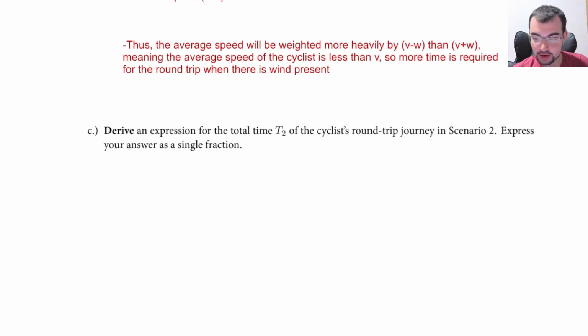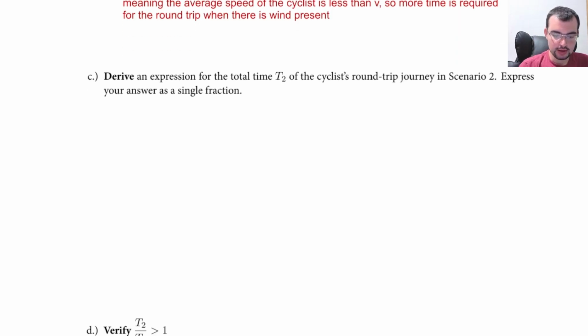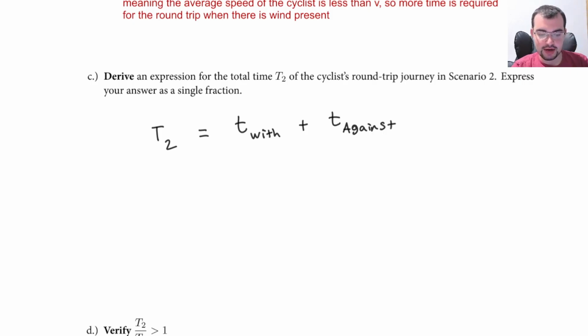All right, let's derive an expression for this. So we know that the total time, t2, is going to be the time it takes to bike with the wind plus the time it takes against the wind, right? Because there are 2 segments.